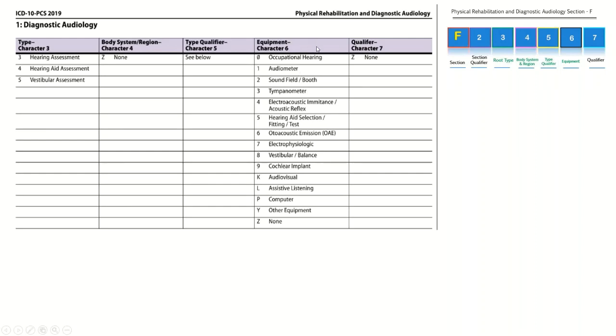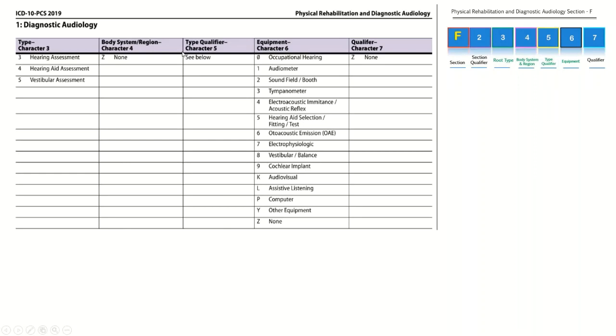And then you've got your equipment that you'll use, character 6: occupational hearing, audiometer, sound field booth, tympanometer, electroacoustic emittance, acoustic reflex, hearing aid selection fitting test, otoacoustic emissions, electrophysiologic, vestibular balance, cochlear implant, audio visual, assistive listening, computer, other equipment, other. And then your seventh character shall be 7.